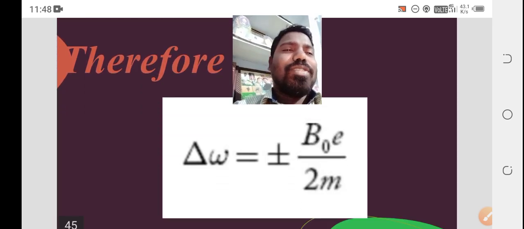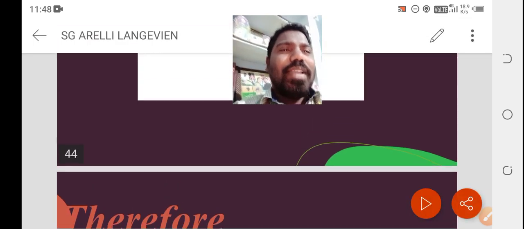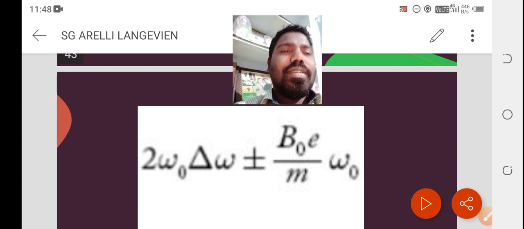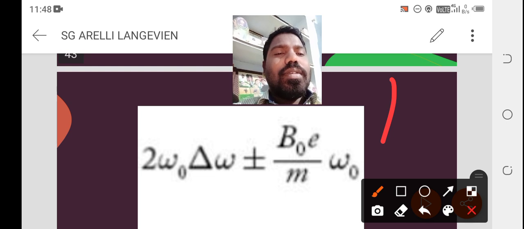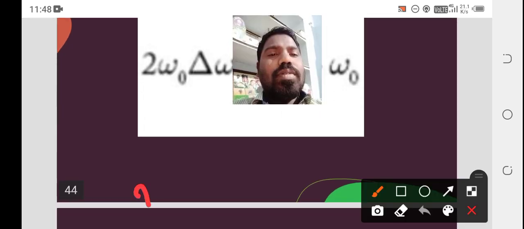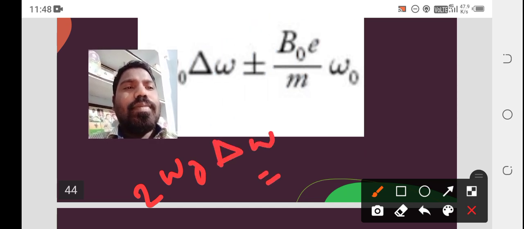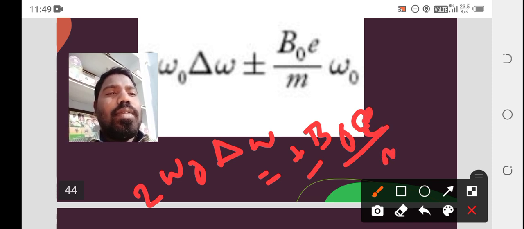Therefore, del omega is what? Del omega is plus or minus b naught e by 2m. See, you can see here: 2 omega naught del omega equal to b naught plus or minus e by m into omega.